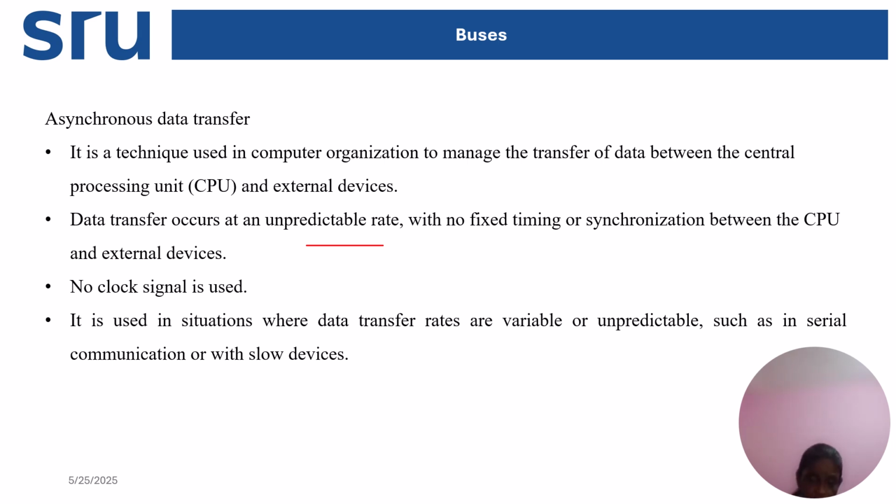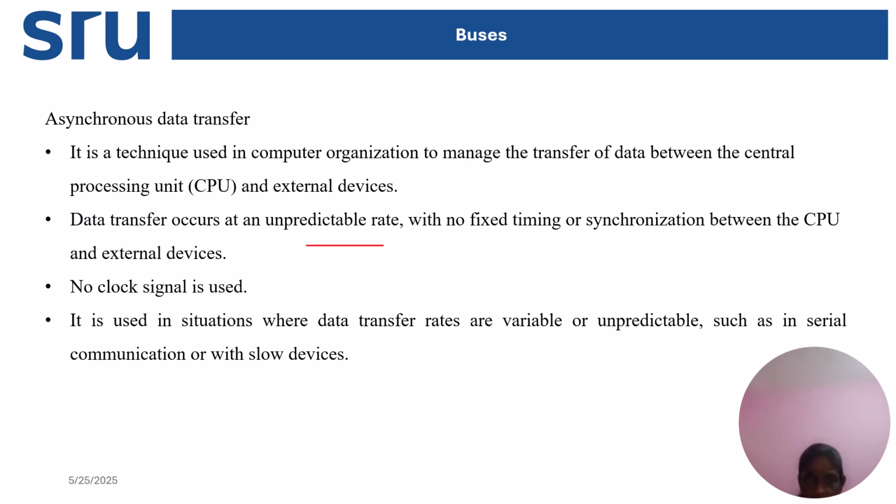Processor speed is different, I/O device speed is different, with no fixed timing. Definitely time cannot be fixed, because the CPU is fast and I/O devices are very slow. Therefore, there is no fixed timing or synchronization between the CPU and external devices, so they will not operate in coordination with one another. No clock signal is used.